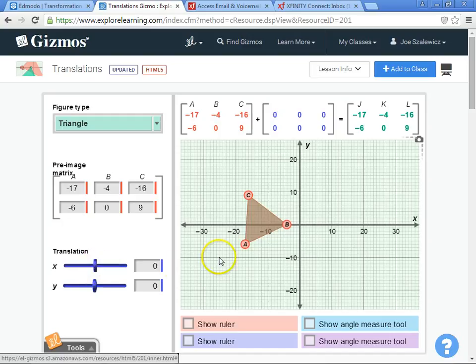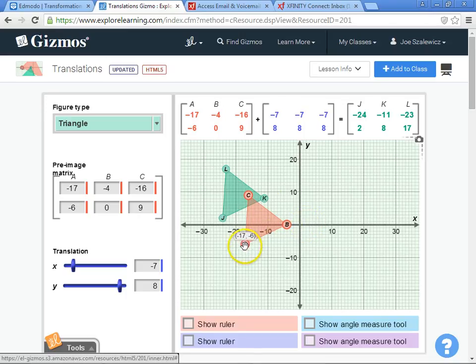Okay, so we're expecting all points A, B, and C of this triangle to move the same number of units, both left or right, and then the same number of units up and down. So let's move it to the left 7 and up 8, and you can see every point has been moved 7 to the left and 8 up.